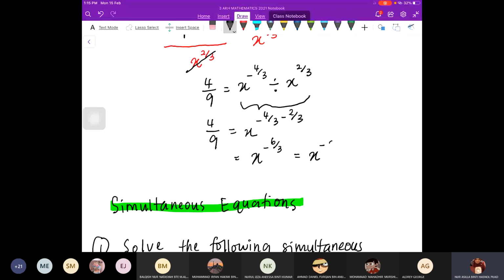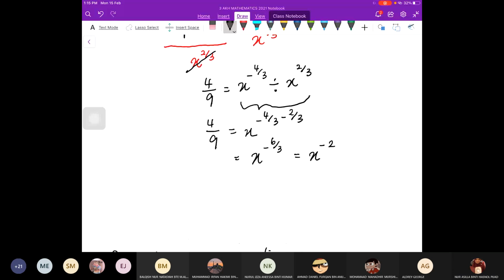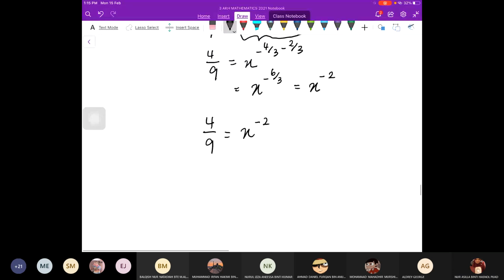Panjang pula je. Okay. So jadi 4 over 9 adalah sama dengan X to the power of negative 2. So power negatif tukarkan dia kepada positif. So jadi 4 over 9 equals to 1 over X to the power of 2.